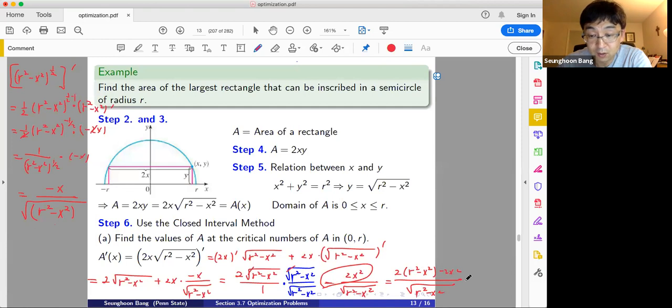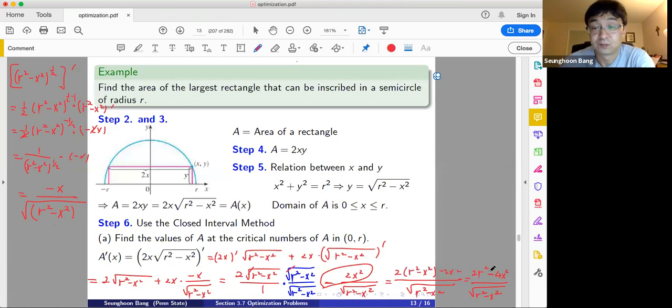Only combine: this is 2r squared minus 2x squared minus 2x squared is 4x squared, over the square root of r squared minus x squared. So we have this kind of form.